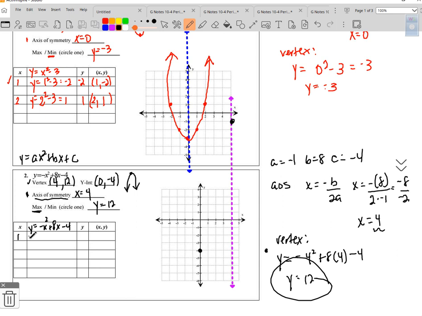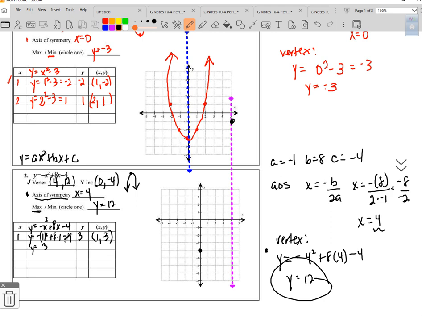So if I replace x with 1, y equals the opposite of 1 squared plus 8 times 1 minus 4. If you do that on your calculator, you plug it in as 1 x squared, then the negative, plus 8 times 1 minus 4. And you should get 3. So that would be negative 1 plus 8 is 7, minus 4 is 3. So y is 3, so now our ordered pair is 1, 3.